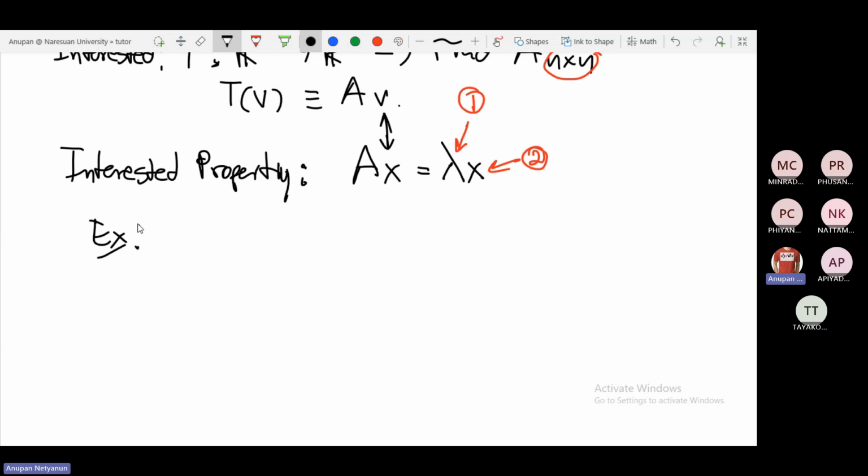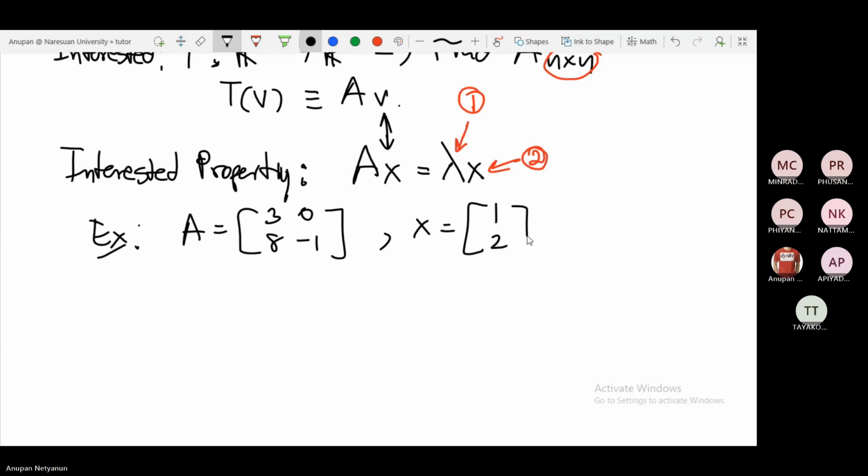Let's say I have A equal to [3, 0; 8, -1]. And let me give you a vector x, which is 1, 2, and y, which is 0, 1.